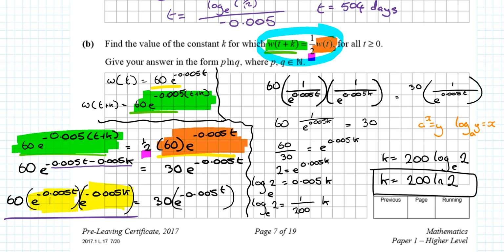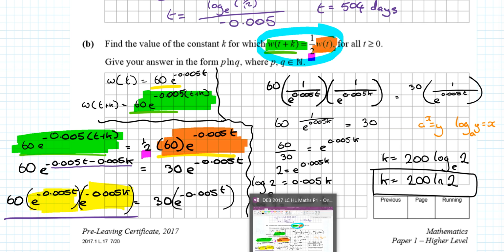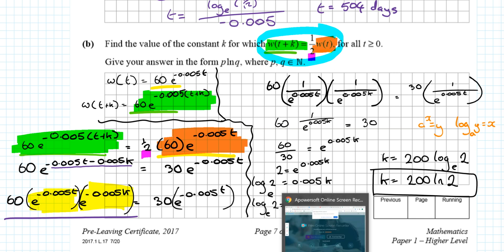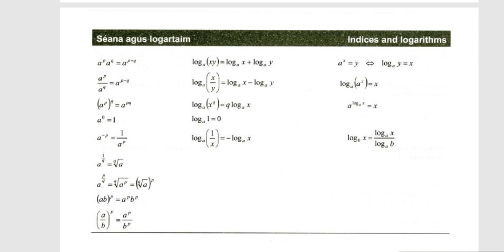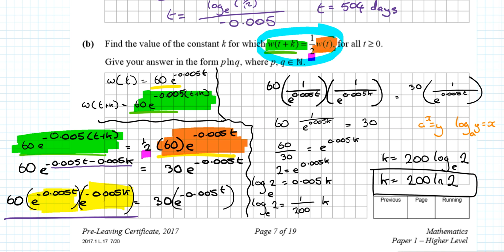The power is minus 0.005t and minus 0.005k. If the bases are the same and we're multiplying, you just add the two powers. So here, to come backwards to here, we would add the two powers, but we are doing it in reverse.